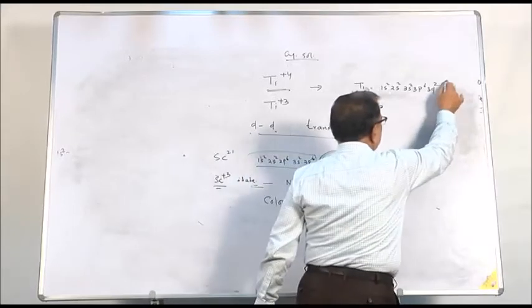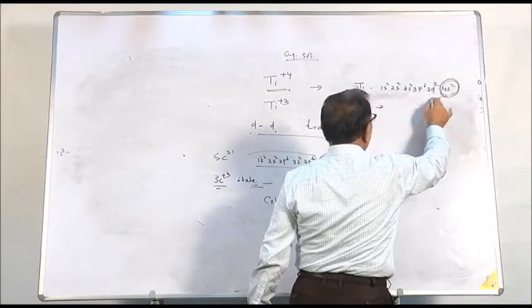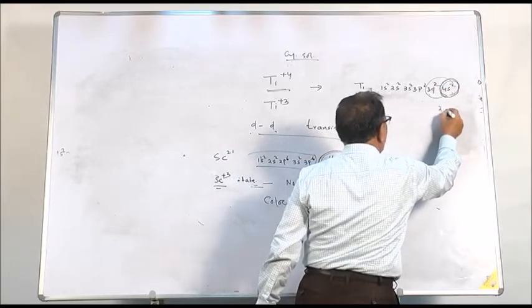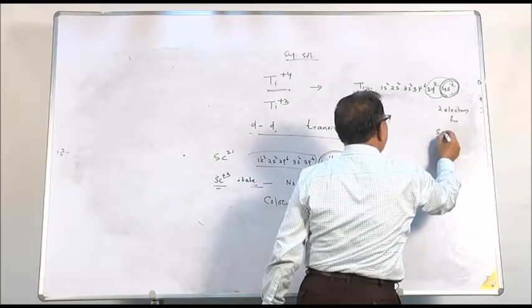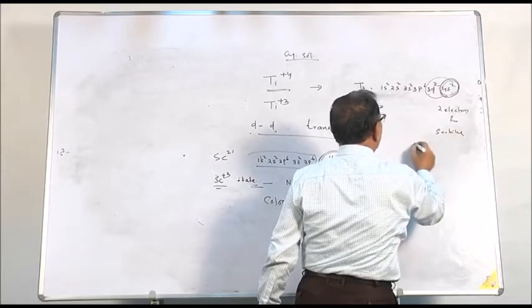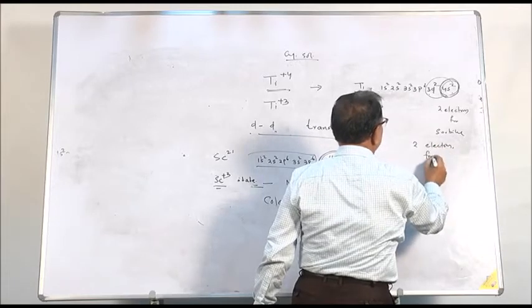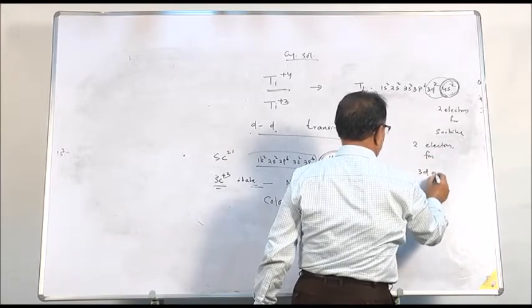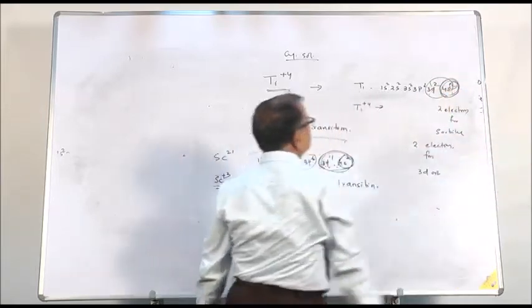The outer electrons are removed first: 2 electrons from the 4s orbital and 2 electrons from the 3d orbital, so 4 electrons are removed.